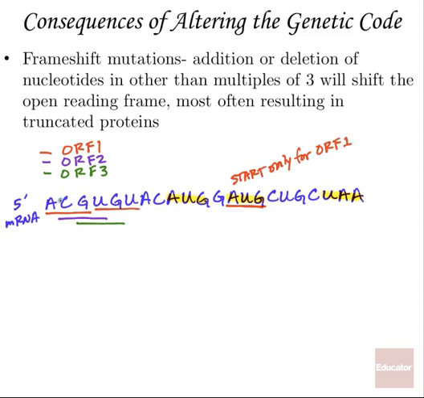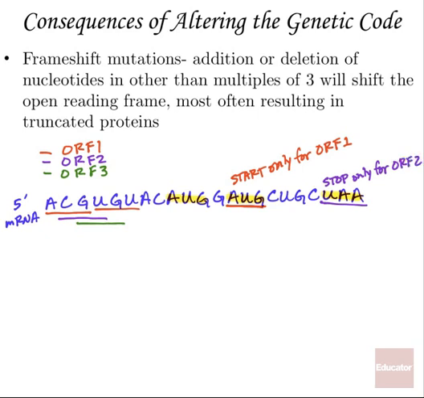If we look for open reading frame 2, if we go 3, 3, 3, 3, 3, 3, 3, this is a stop codon only for open reading frame 2.